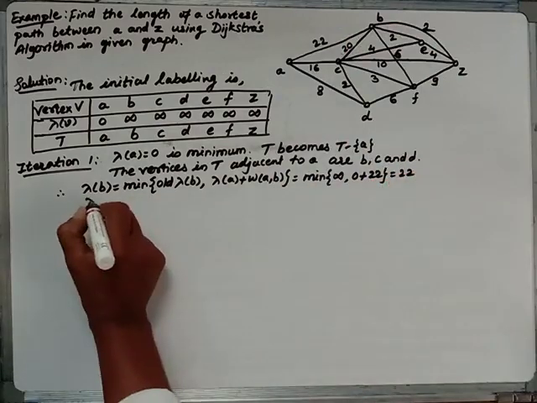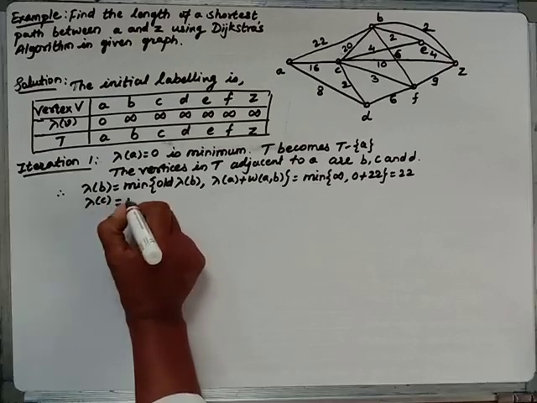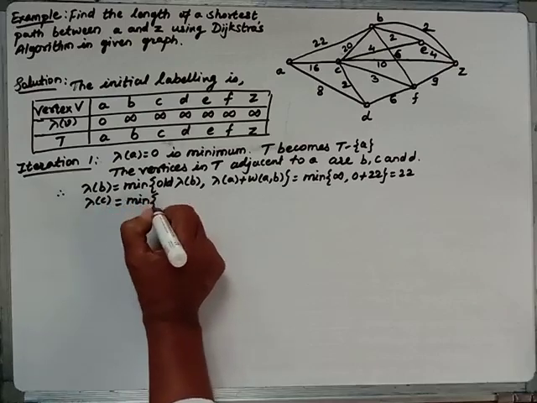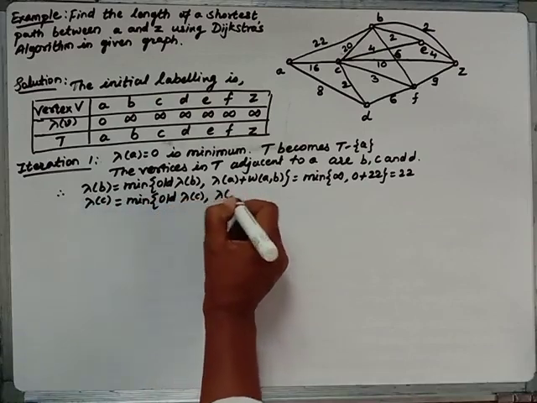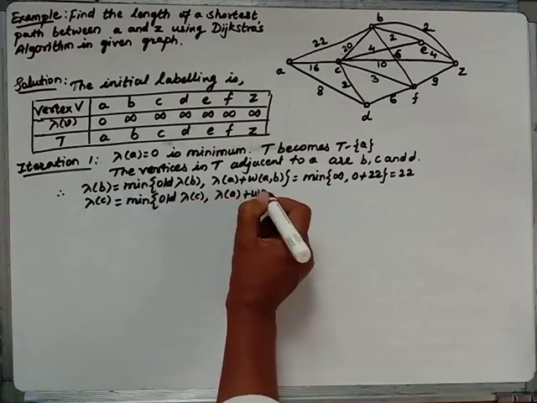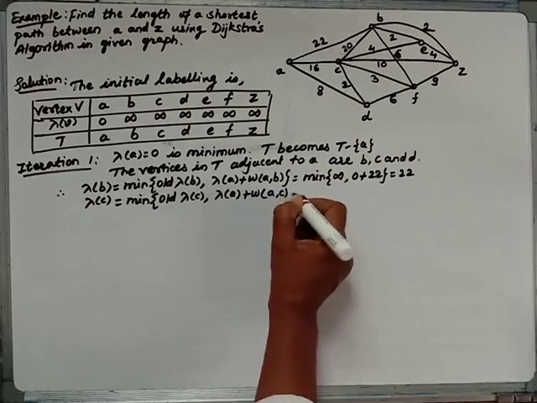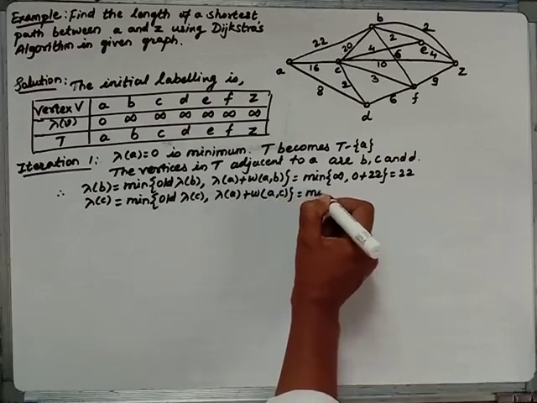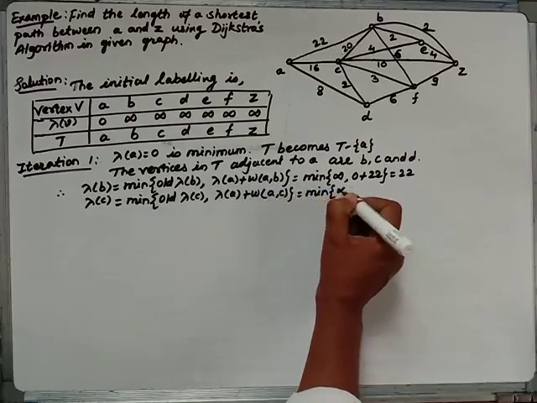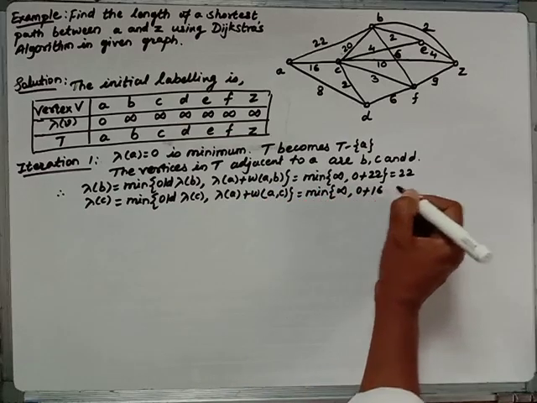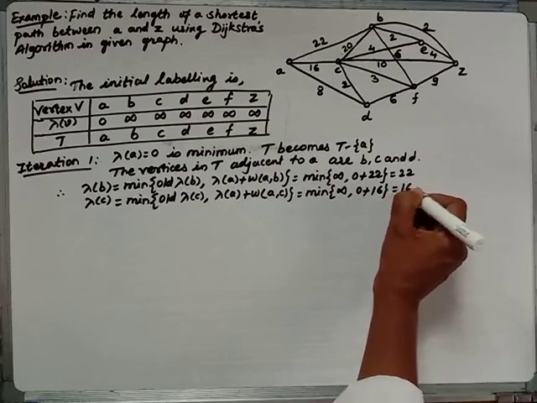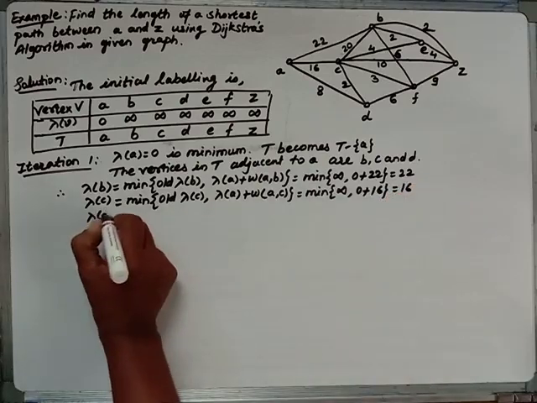Then lambda of C is the minimum of old lambda of C and lambda of A plus the weight of the edge from A to C. Old lambda of C is infinity, again 0 plus the edge from A to C, which is 16. So it is 16. What about lambda of D?